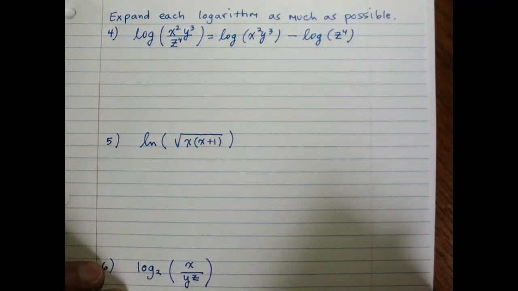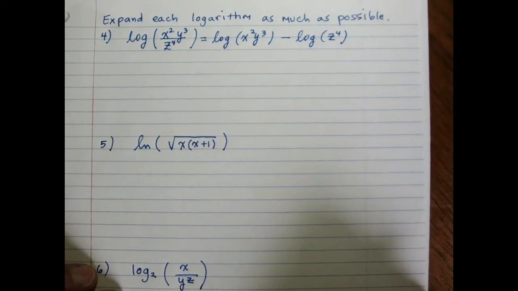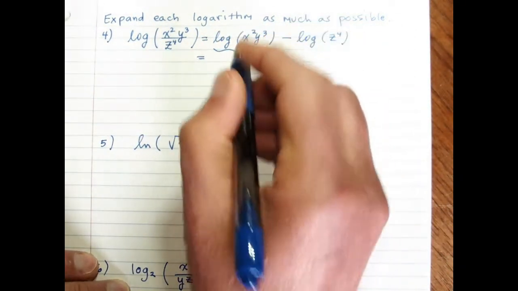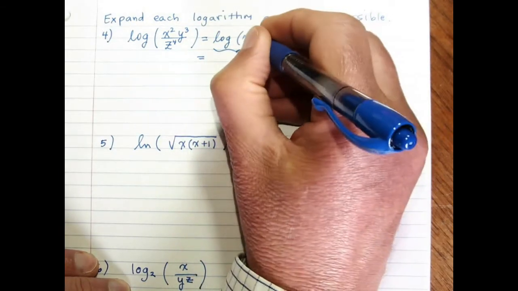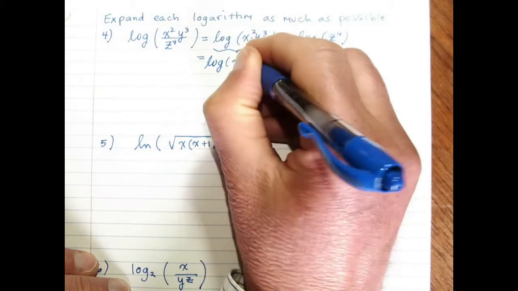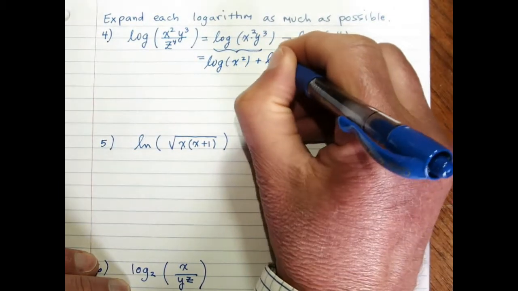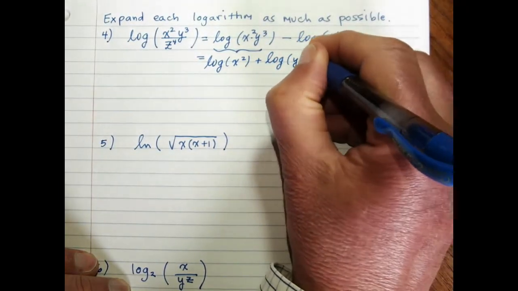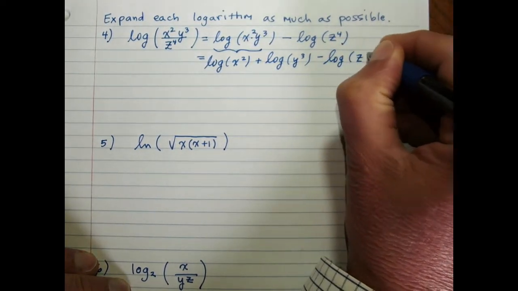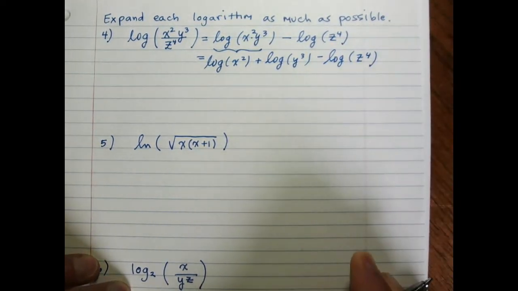Log of the numerator minus log of the denominator. Now this first log I can take apart since I have log of a product. That's going to be log of x squared plus log of y cubed minus log of z to the 4th. I just recopy for now.